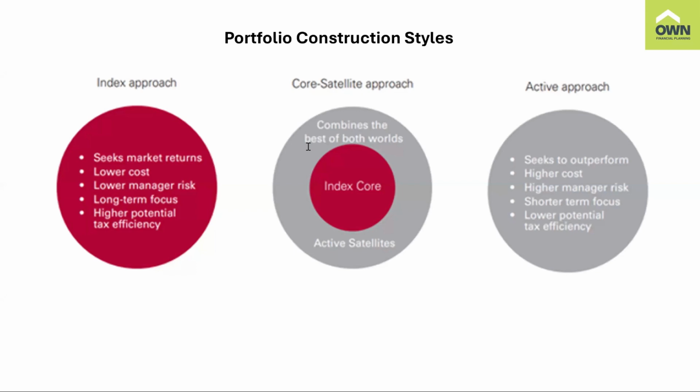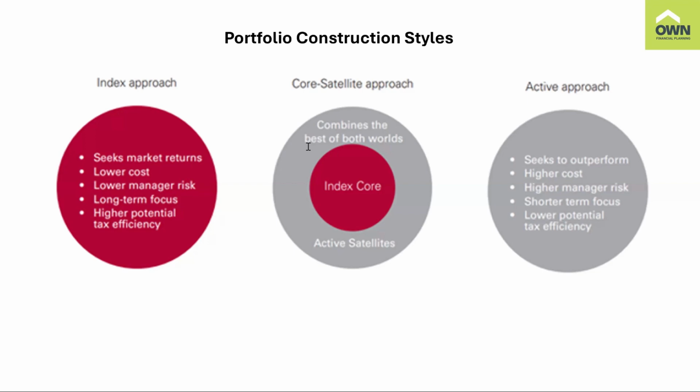Typically, active management comes with higher costs due to the greater research requirements in identifying the opportunities to outperform. It also comes with a greater degree of manager risk in that you're reliant on the specific manager you have selected to perform better than the equivalent index option to justify these higher costs.